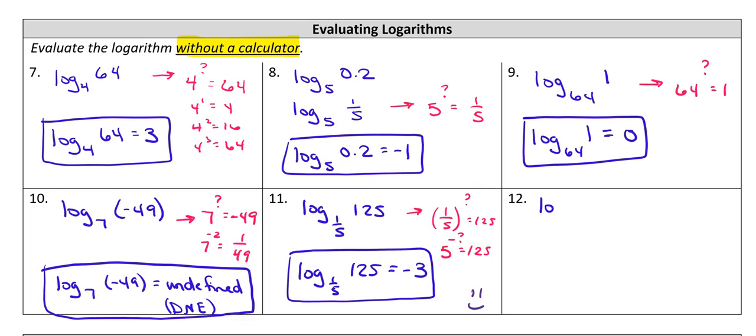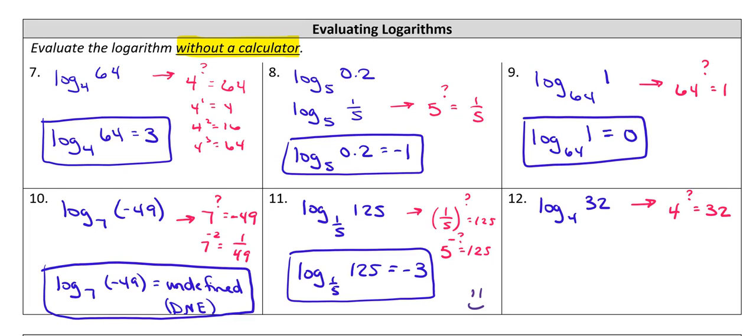All right, number 12, log base 4 of 32. Again, we start by asking ourselves, mentally, what's going on here? 4 to what power equals 32? That's what we're asking ourselves. Now if I start counting, 4 times 4 is 16, 16 times 4 is 64.